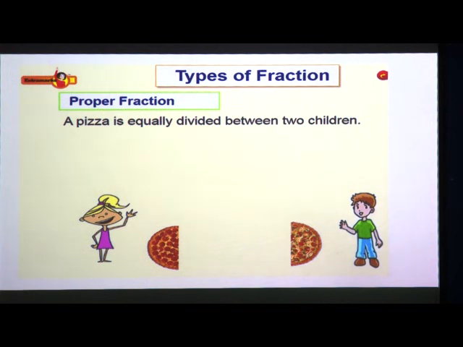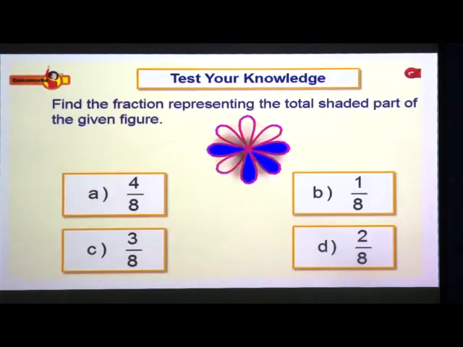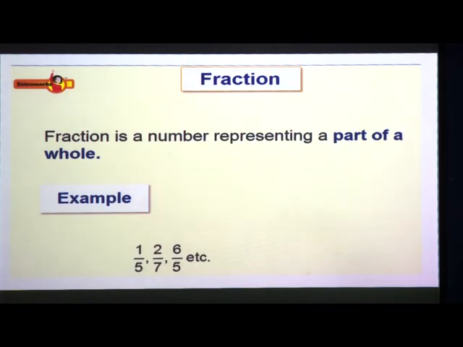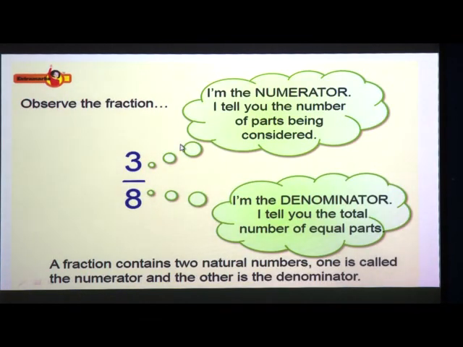Now, let us have a review over the things that we have studied. What is a fraction? A fraction is a number representing a part of a whole. Then we have seen about the numerator and the denominator, which are both natural numbers.